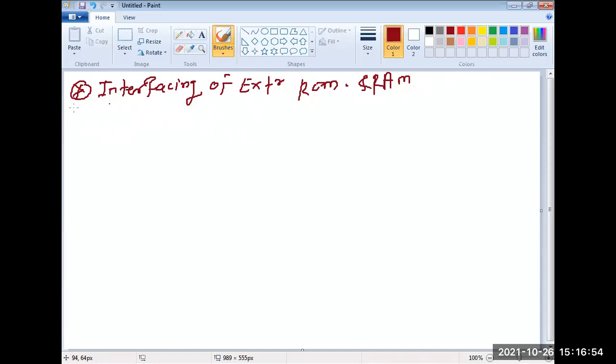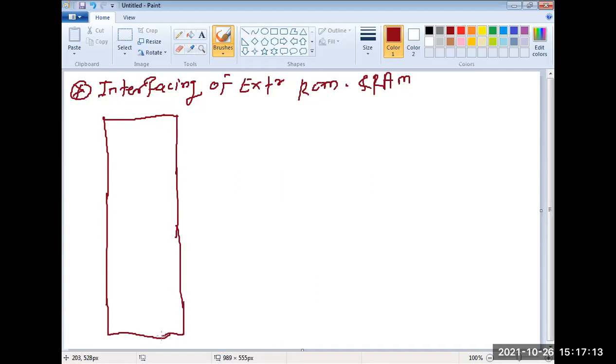Okay, the thing is very clear now. How to draw the diagram? The thing is very easy. So let's understand that. We have my 8051 controller.